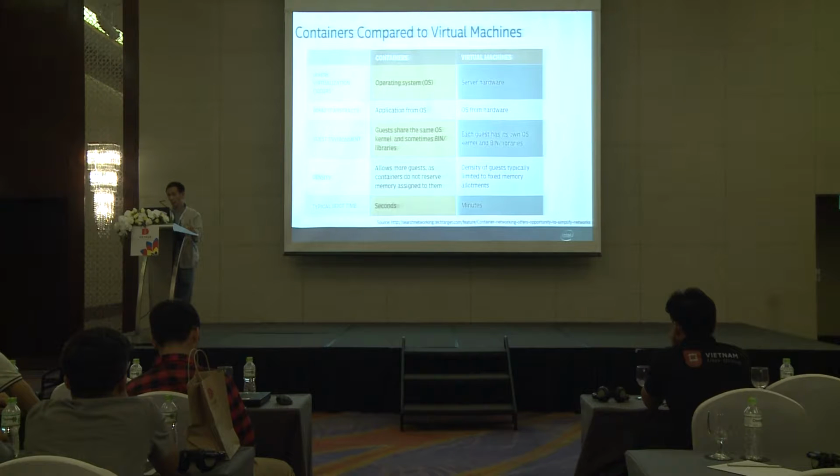Let's take a more detailed look at the container and virtual machine comparison. From the virtualization perspective, container is an operating system virtualization, which is why container is much faster, lighter, and has higher resource utilization.